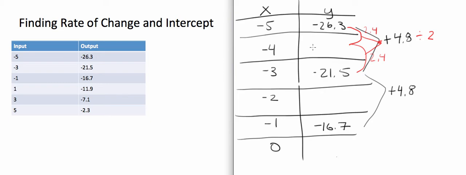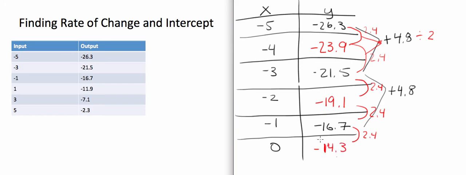And because of that, our value here is going to be -23.9, and then this is going to go up by 2.4, which is going to make this value right here a value of -19.1, and we continue on, and this goes up by 2.4 each time, makes this value here a -14.3.